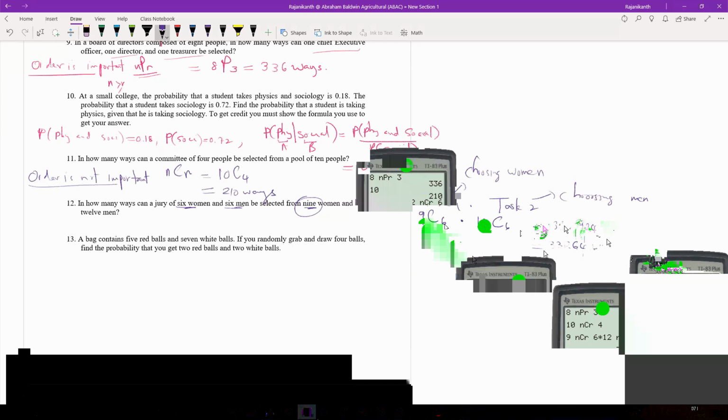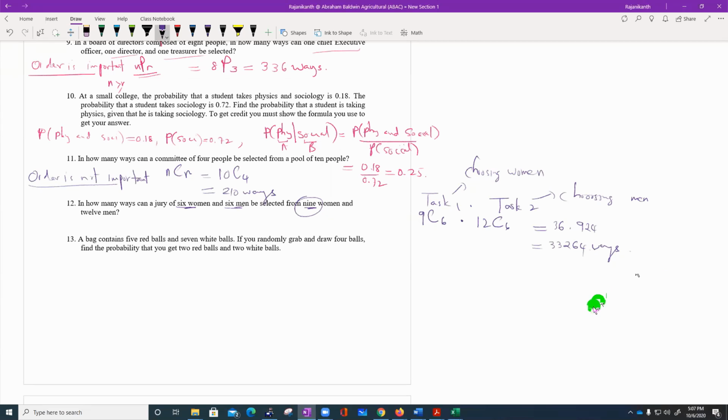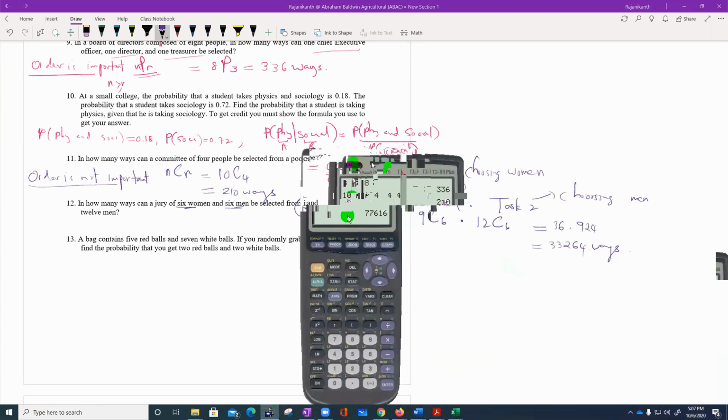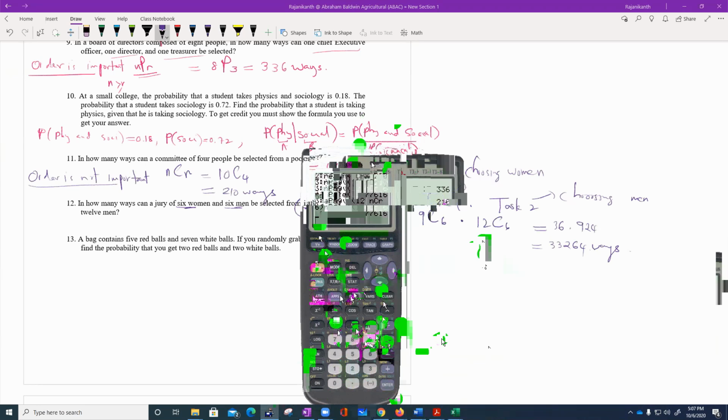Correct me if my answer is wrong, okay? Or you could type it all together, but here I did not put in the parentheses, so you need to put them in. Let me check one more time. 9 choose 6, then I'm multiplying this answer with 12 choose 6. What's the mistake?